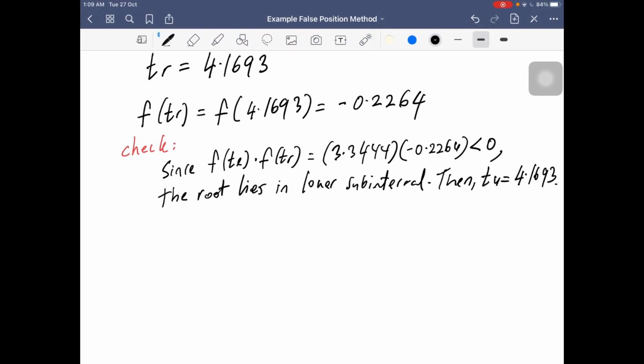Okay, now we calculate our approximate percent relative error.